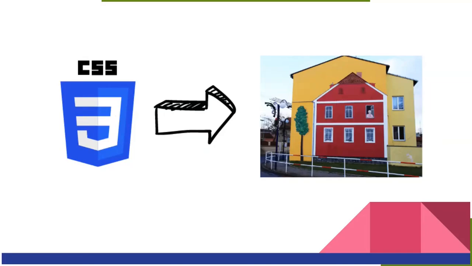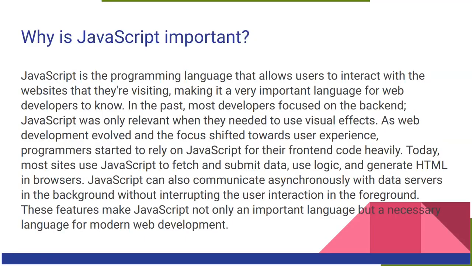Let me move on. JavaScript. JavaScript is the programming language that allows users to interact with the websites that they are visiting. You can make web pages with dynamic elements by using JavaScript. Today most people are also using JavaScript as server-side scripting.